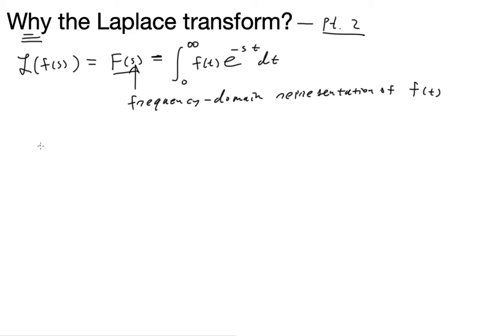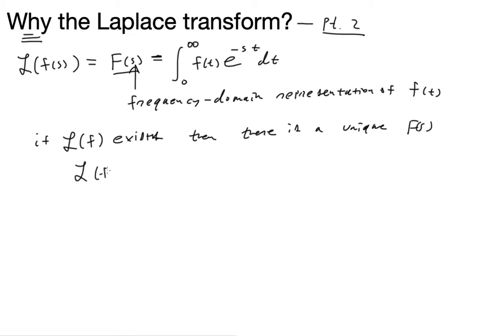The idea here is that if the Laplace transform of f exists, and that means that the integral itself exists for values of s, then there is a unique capital F of s that corresponds to it, i.e. I can write that like that.